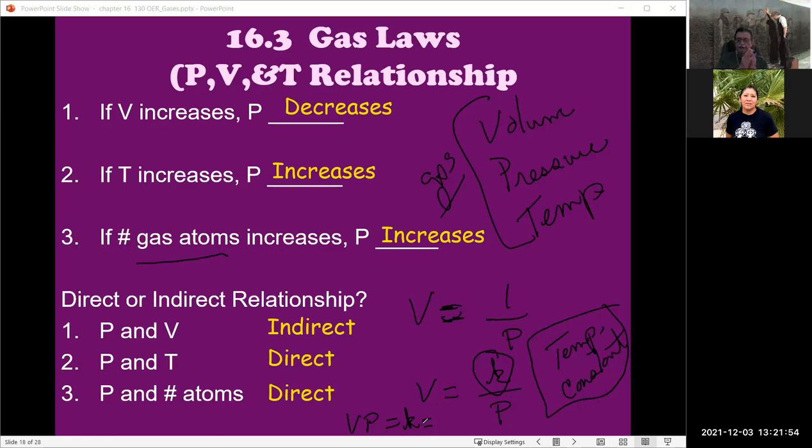would be constant. So we can have two relationships here, meaning that V1, we start with an initial measurement of volume and pressure, okay? And that's going to be equal to some constant, okay? And then we change the volume to a different value.